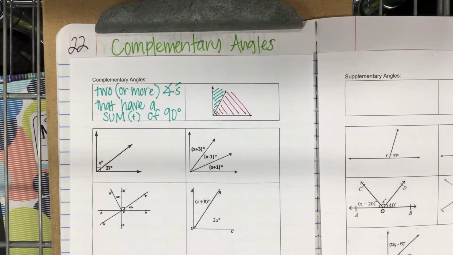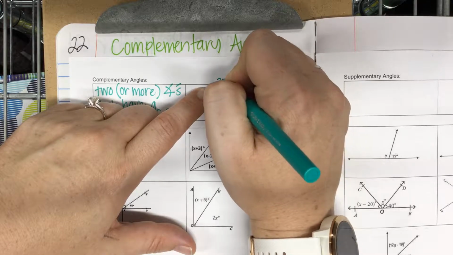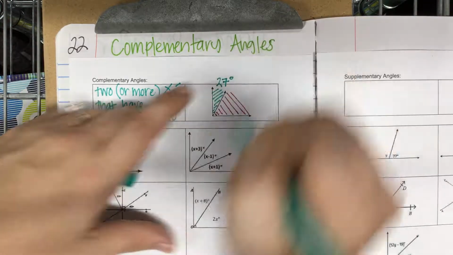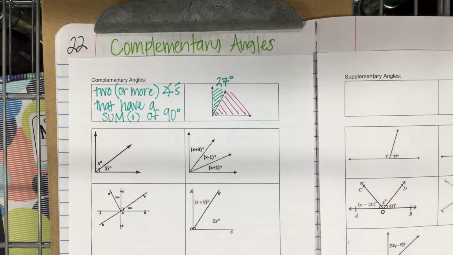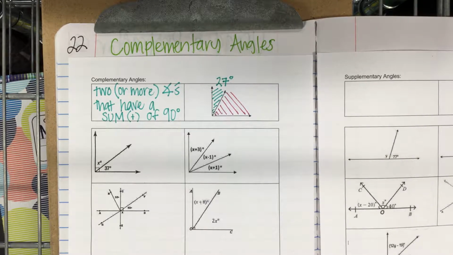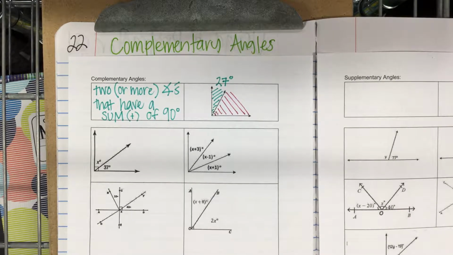So if I said this angle was 27 degrees, could you figure out what the other angle is? You need to have this written down. If I told you that that green angle that I just wrote, again, your paper should look like mine.